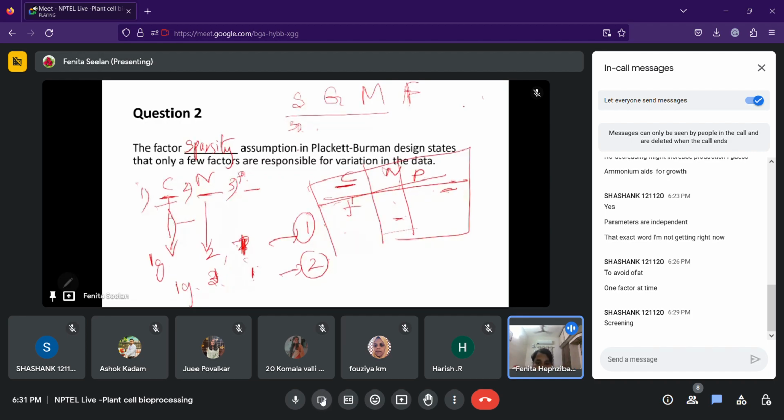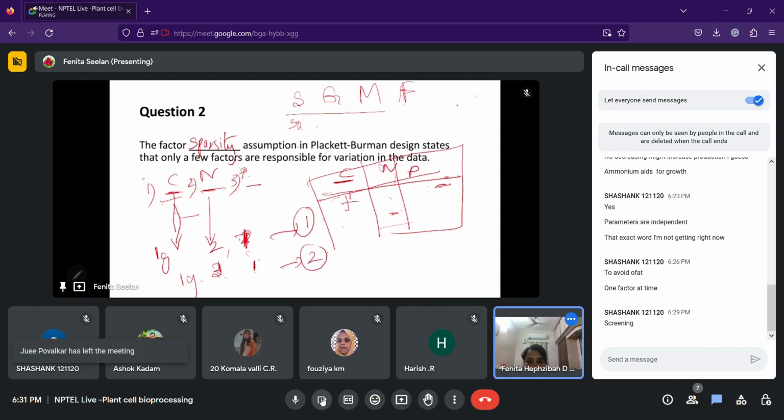Everybody understood? If somebody doesn't understand anything about the Plackett-Burman design, raise your hands. We will discuss in the next session with a case study. Everybody understood? Okay, then nobody is answering except Sashank.